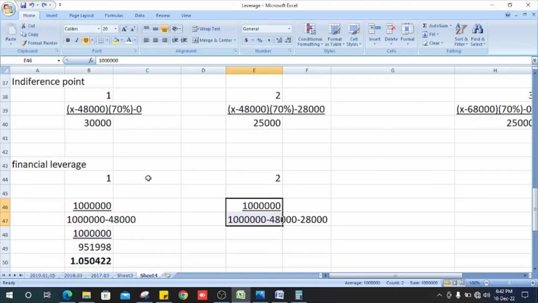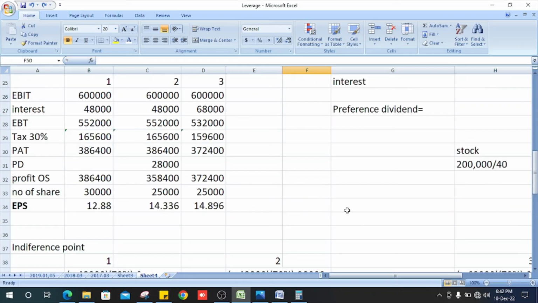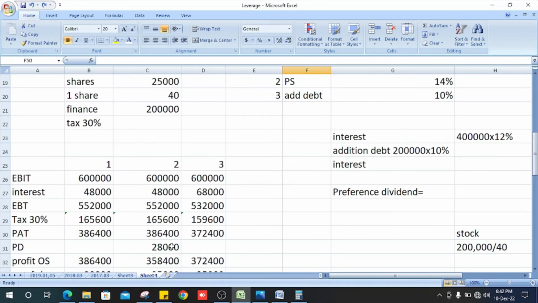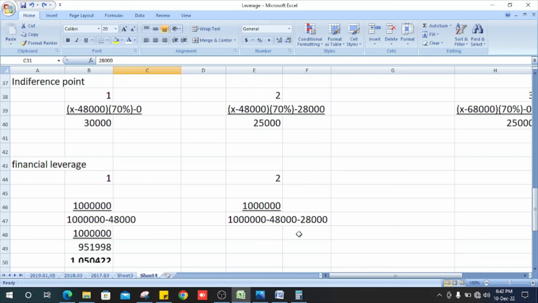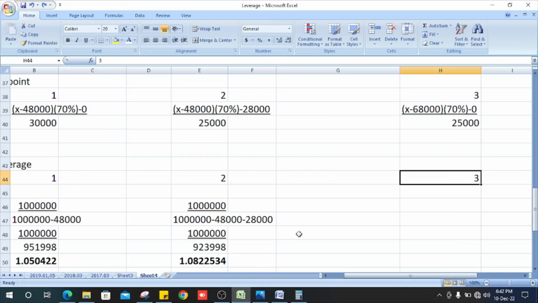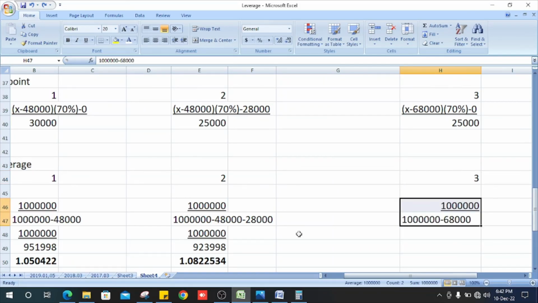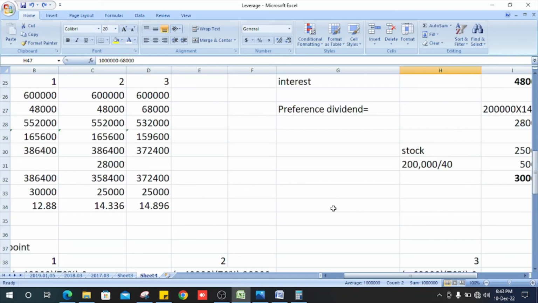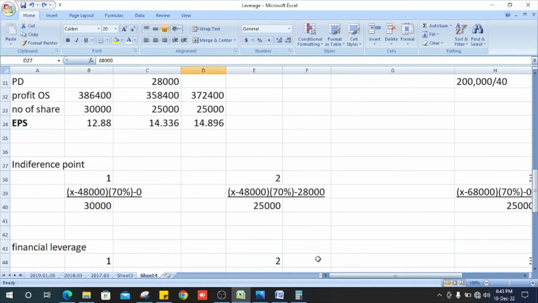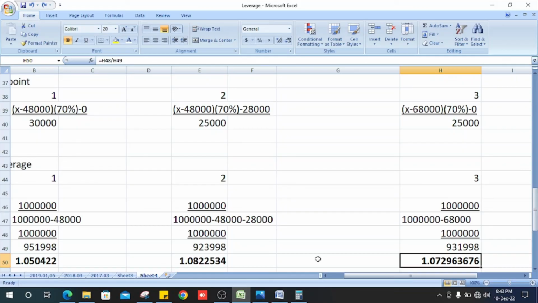Option 2, it is 1000 divided by 1000 minus 48,000 interest, and 28,000 preference dividend. Now we can get the answer, it is 1.08. Next option 3, 1000 divided by 1000 minus 68,000 interest, and we can get the answer, it is 1.07.